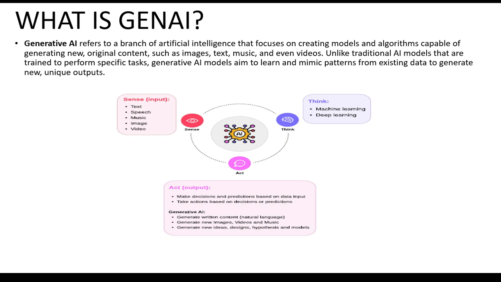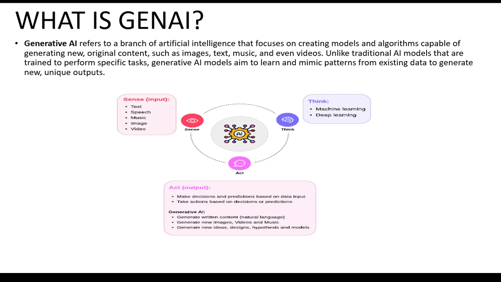Okay. So unlike traditional AI models that are trained to perform specific tasks, generative AI models aim to learn and mimic patterns from existing data to generate new unique outputs. So this is the crucial difference between previous or earlier machine learning models.